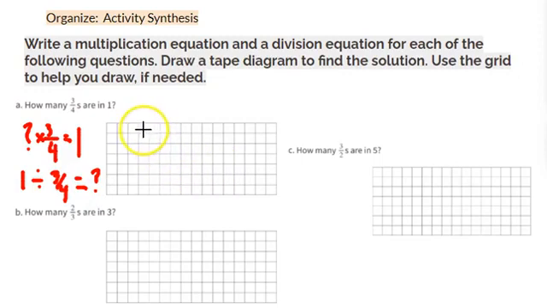Okay, so let's go ahead and take, and I'm going to draw this a little bit big so I can see it a little bit easier for you. So there we have it in fourths, right? Okay, it says how many groups of 3/4 can we make out of this? Well, there's one group of 3/4, right? So far our answer is one group of 3/4.